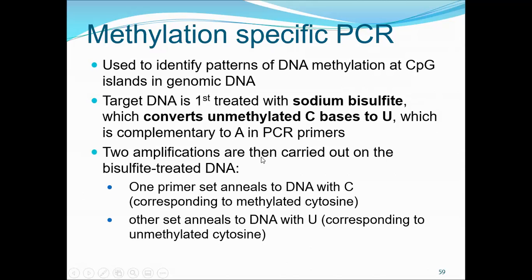So two amplifications are carried out on the bisulfite treated DNA. One is a set of primers that anneal to DNA with C, which corresponds to the methylated cytosine. And remember, methylated cytosine cannot get converted to uracil, but the unmethylated can. So another set will anneal to the DNA with U, which corresponds to the unmethylated cytosine.